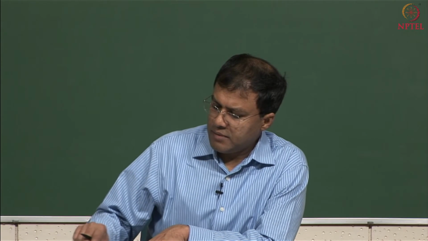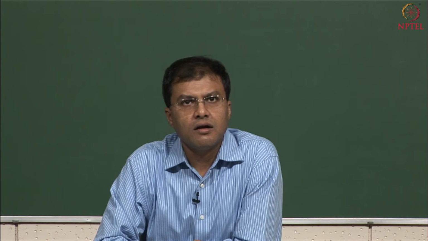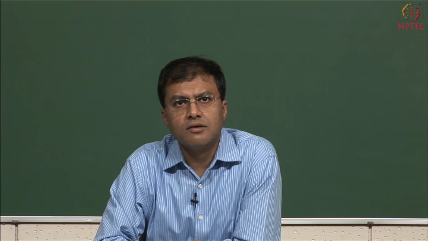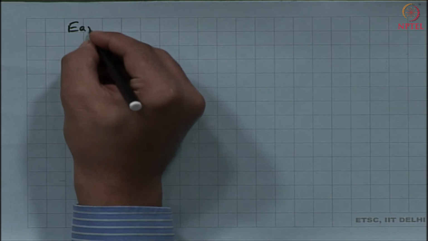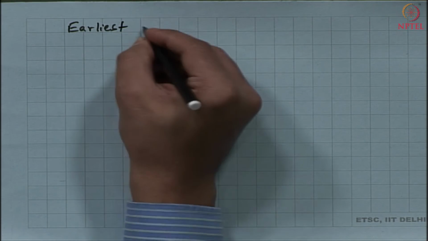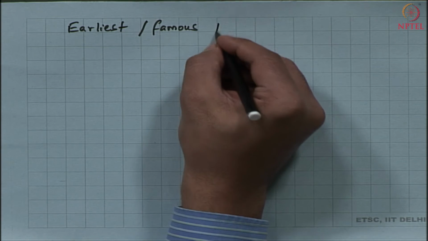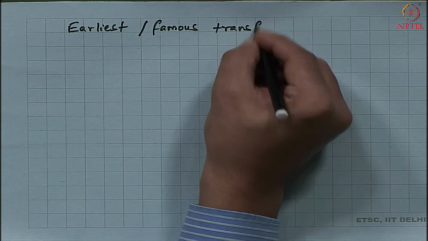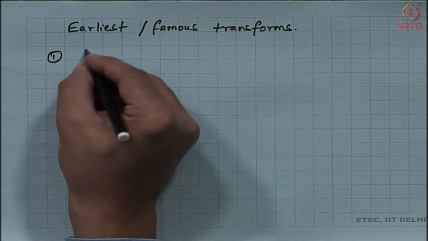So, let me just provide you a little bit more motivation about these integral transforms. Integral transforms have been there for the last 250 years, and the first mention of these integral transforms was of course by these famous mathematicians Laplace and Fourier.